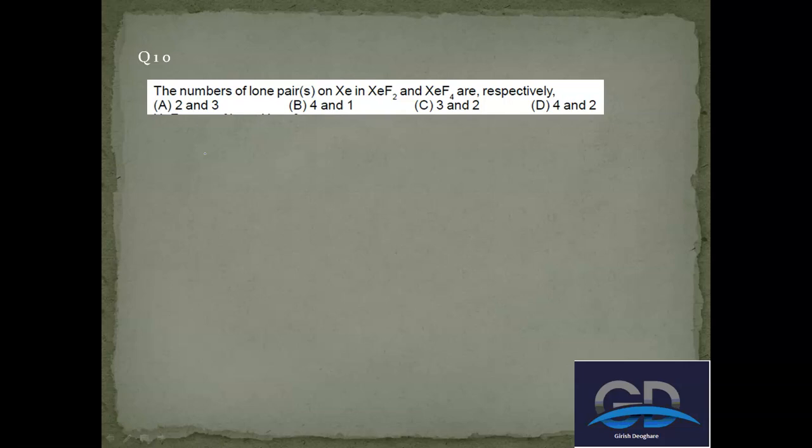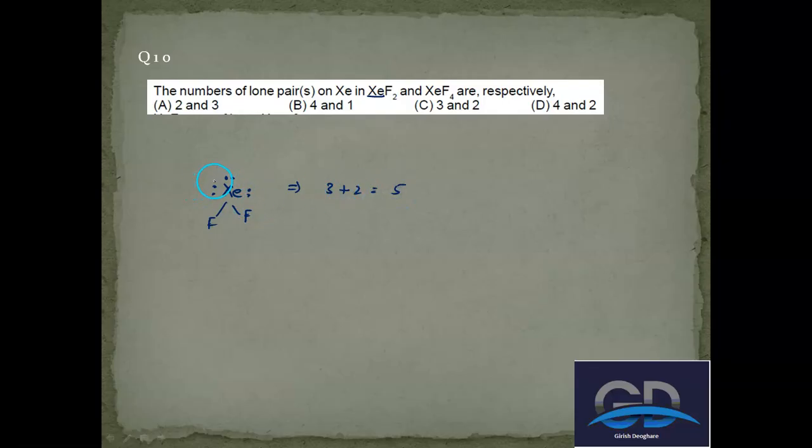Question number 10. It says number of lone pairs of xenon in XeF2 and XeF4. When we say xenon difluoride, xenon is a noble gas, so it will have 8 electrons in the outermost orbit, out of which 2 will be involved in forming covalent bonds. So the steric number over here: number of lone pairs is 3, number of sigma bonds is 2, so this will be 5.